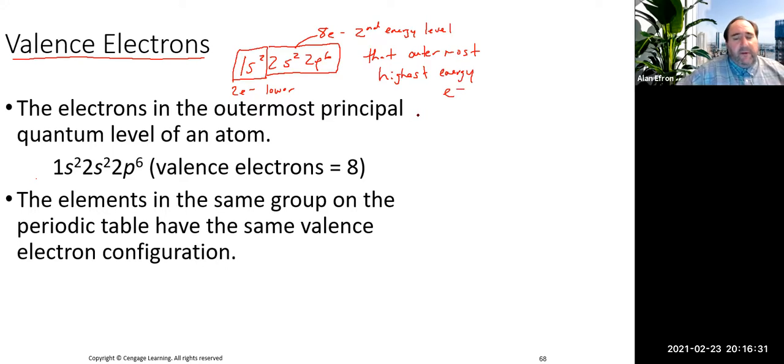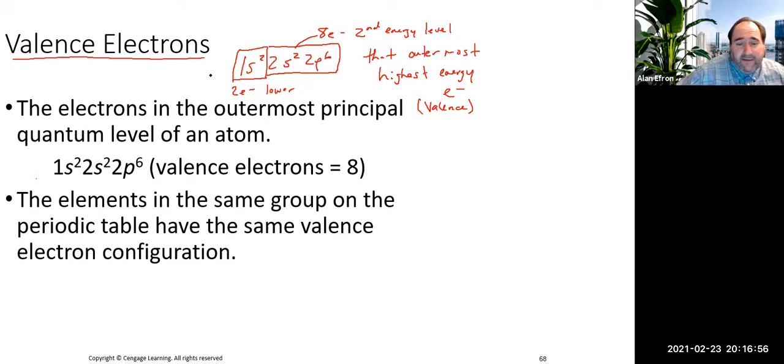Those are extremely important because they're highest in energy, furthest away from the nucleus, and they're the ones involved in bonding. So in the next chapter, when we talk about bonding, we deal a lot with the valence electrons. They're also the ones that, as we were talking about earlier, representative elements gain or lose.